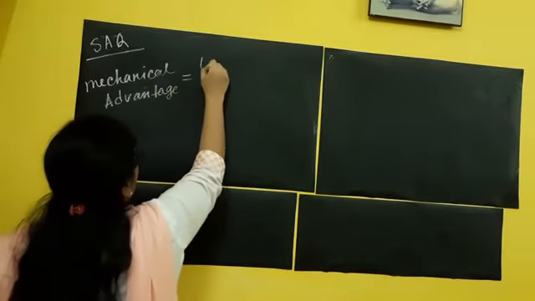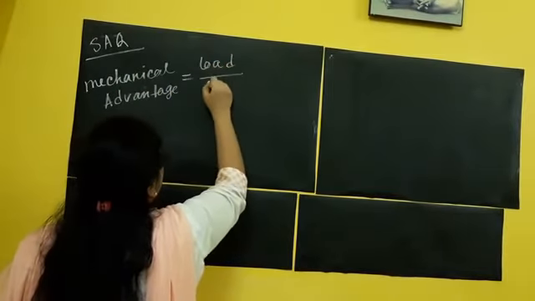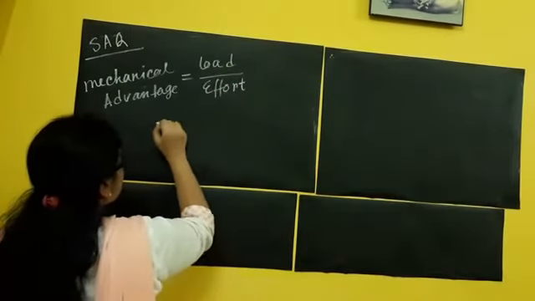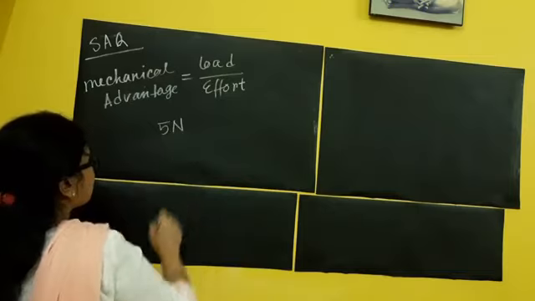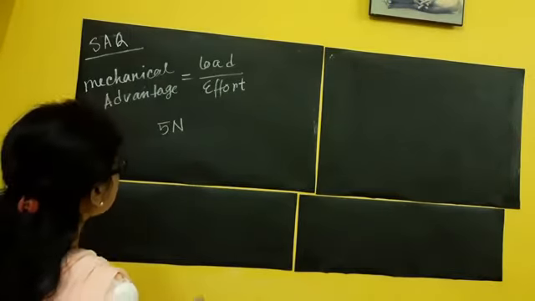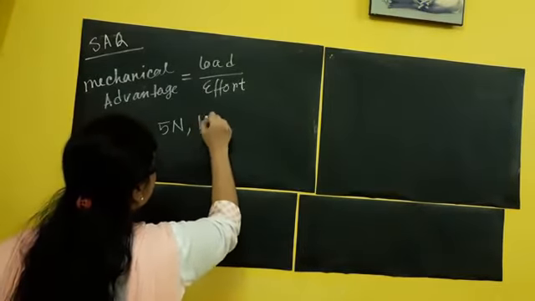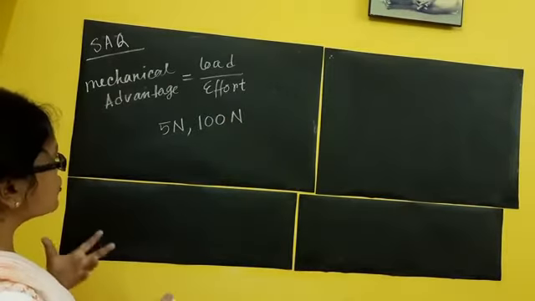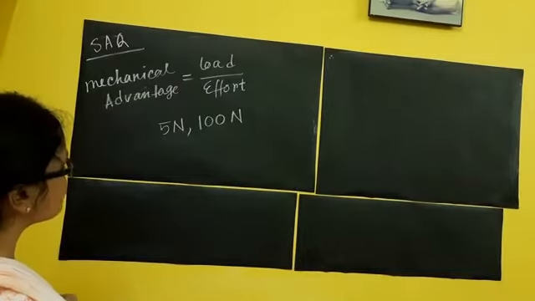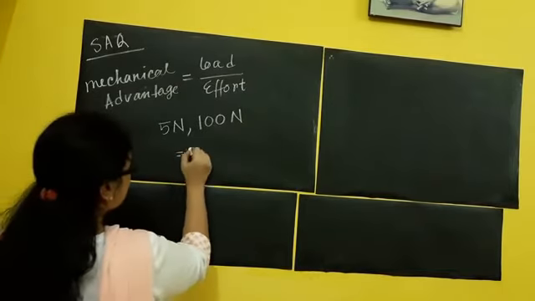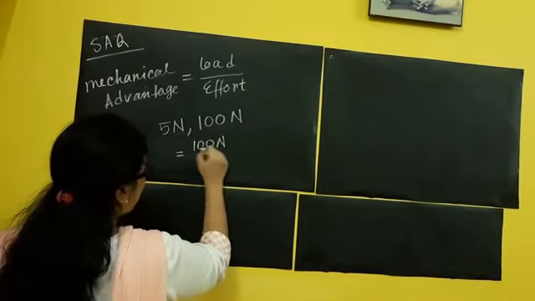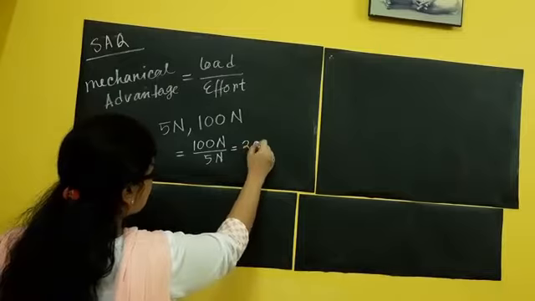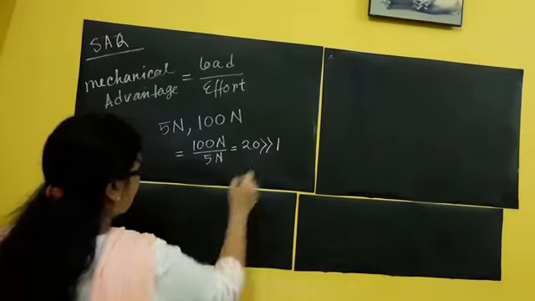Mechanical advantage is equal to load by effort. Suppose you are giving 5 Newton force or effort on the machine, and in turn the machine can lift 100 Newton of force. So load by effort means 100 Newton by 5 Newton, which is 20, much greater than 1.